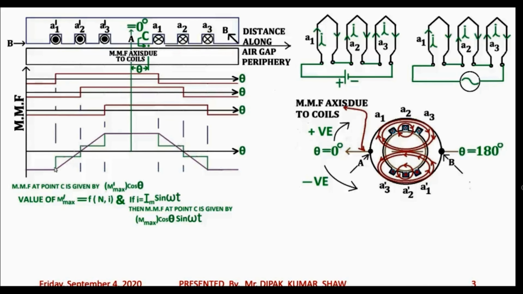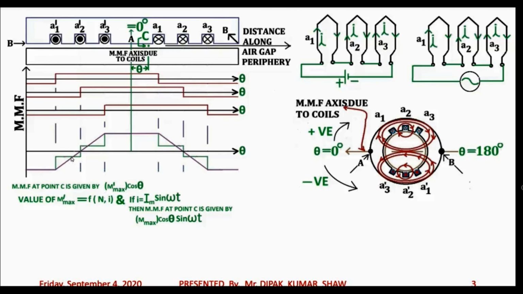So what justification can we give for approximating the stepped MMF waveform by a trapezoidal MMF waveform? The only justification we can provide is that the width of the slot pitch, that is the distance between the center of the slot A1 dash and the center of the slot A2 dash, is very narrow.